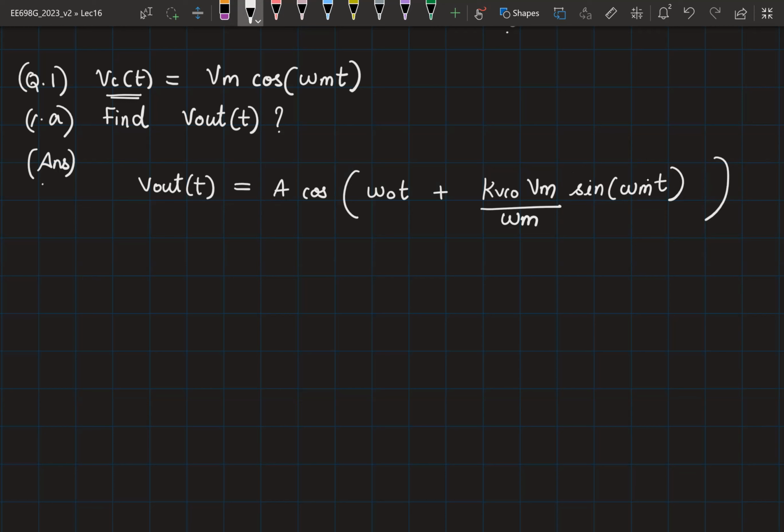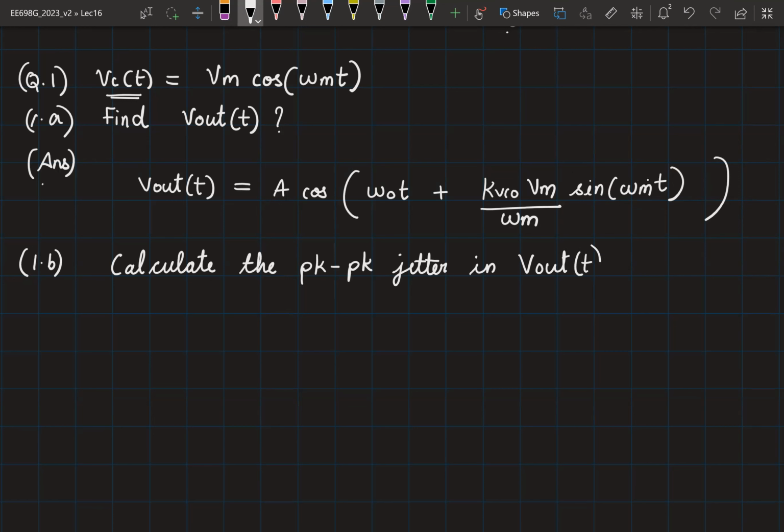Okay. So next part of the question is to calculate the peak-to-peak jitter in V out of t. Give it a try.